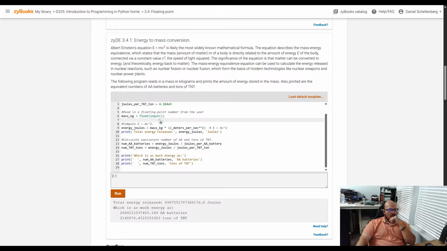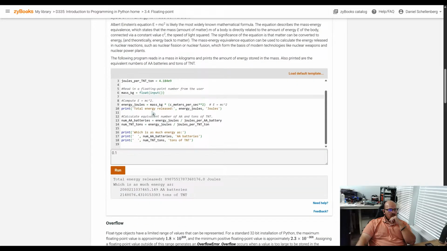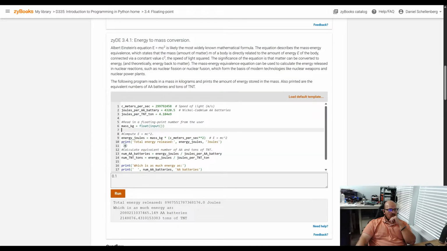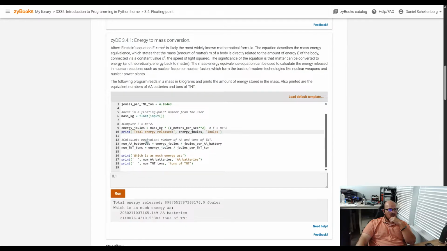Then energy in joules: it is taking the input mass times c meters per second, this one here to the power of 2. That's what this means. E equals mc squared. That's exactly what it's doing here. Total energy. Okay, and then it's just doing the math and printing that out to us here.